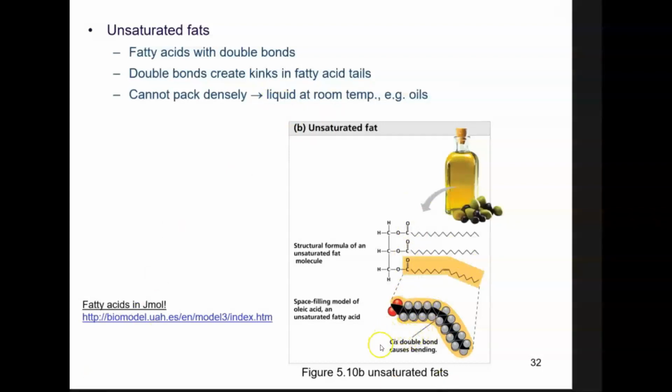Now, what does it mean that this double bond is in cis? And does that have anything to do with trans, when we're talking about trans fats? Yes, it does.